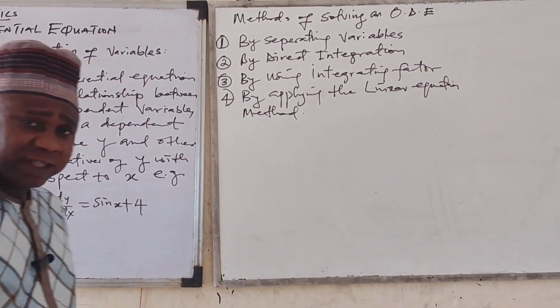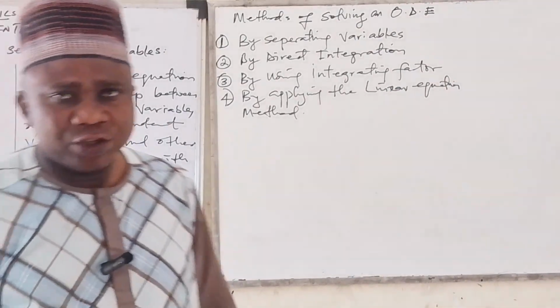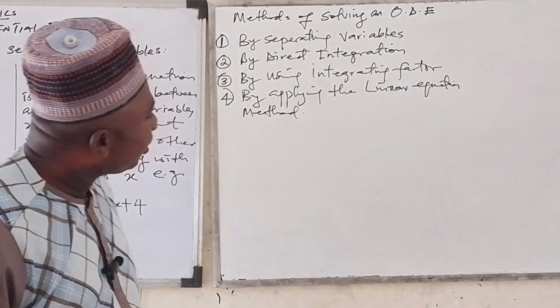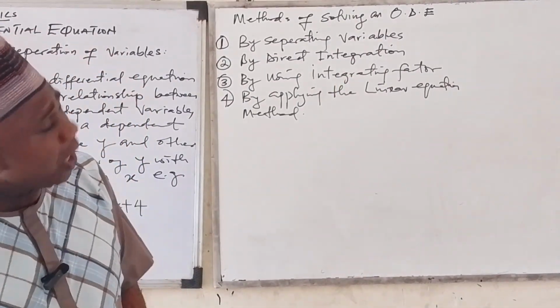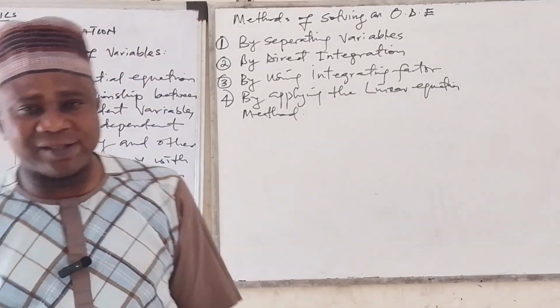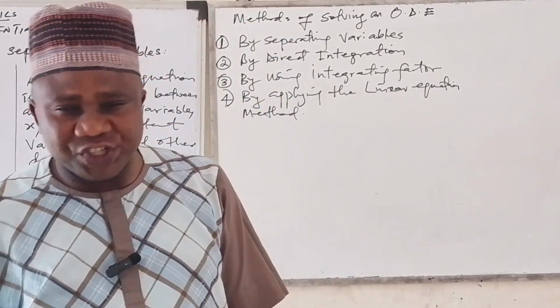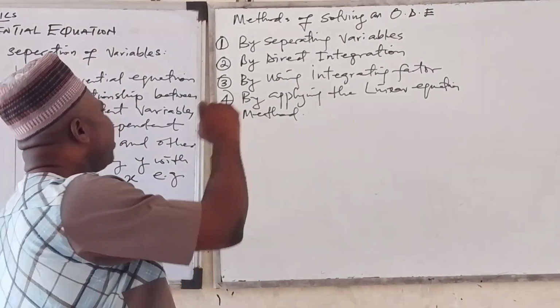Now, basically, these are the four methods of solving or analyzing a first order differential equation. So I'll be using ODE to represent ordinary differential equation in this class. Yes, so these are the methods.